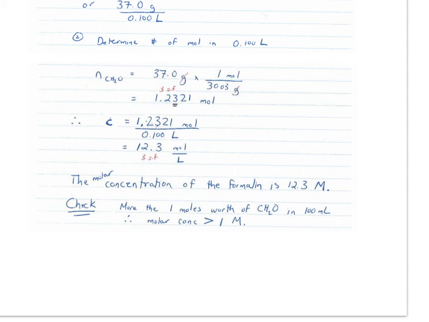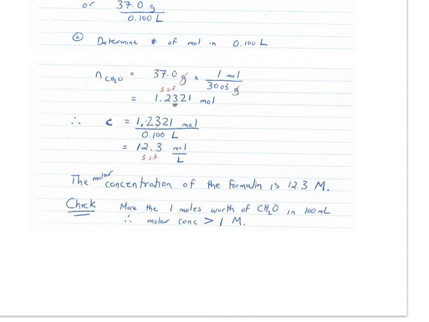as calculated right here. Therefore, our concentration should be greater than 1 mole per liter, because remember, 1 mole per liter, the capital M also represents mole per liter, is telling you the number of moles in every liter, and we've got 1.2321 moles in 100 milliliters, so we should have 10 times that amount in 1 liter, which is what we see here.